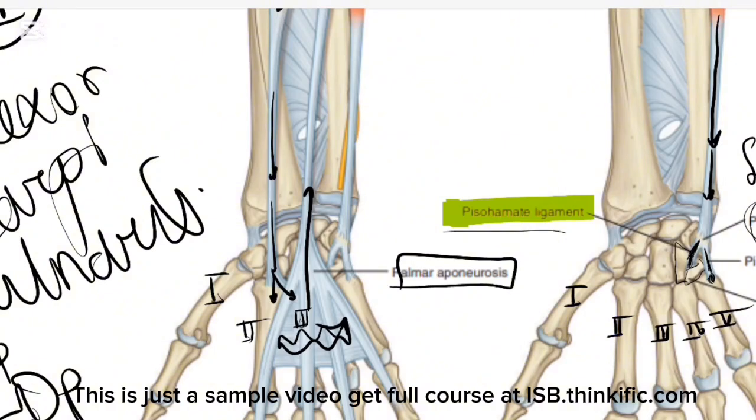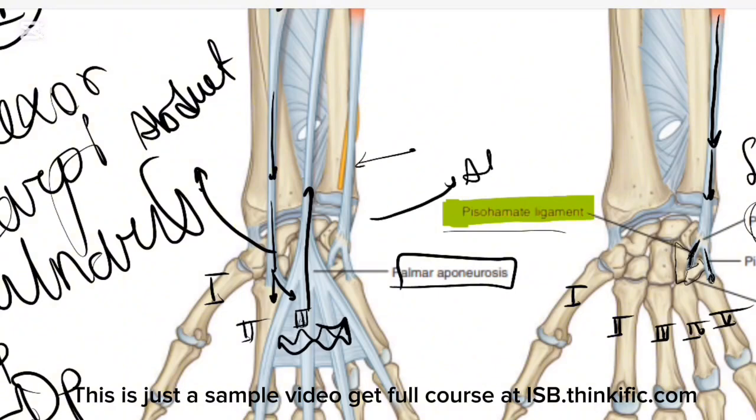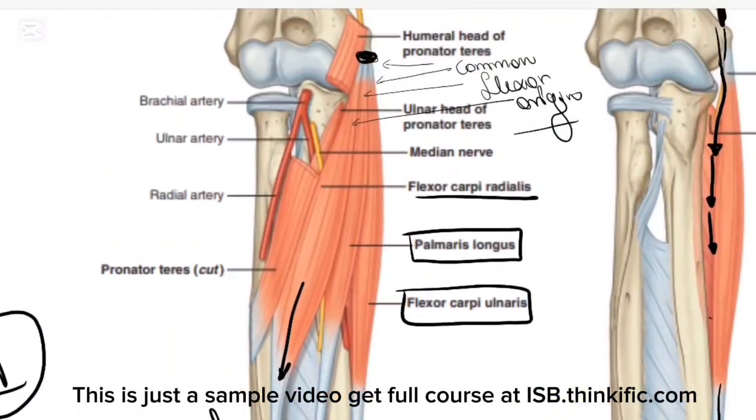The function is flexion of the wrist, but also radial deviation of the wrist, that is abduction. So the flexor carpi ulnaris here was adducting the wrist, but the flexor carpi radialis abducts the wrist. Abduction of wrist.